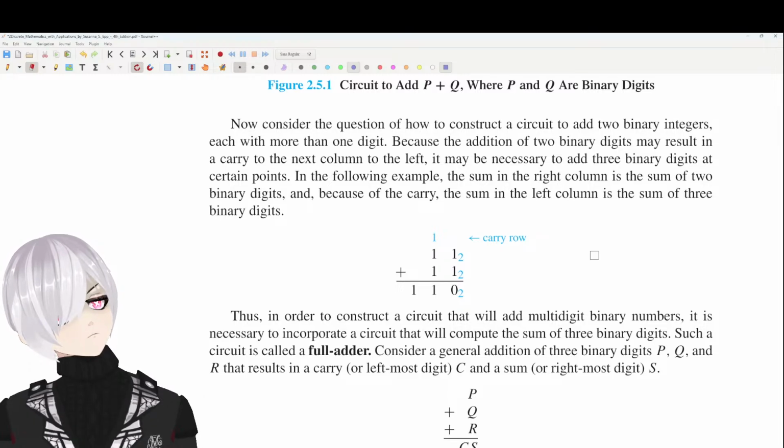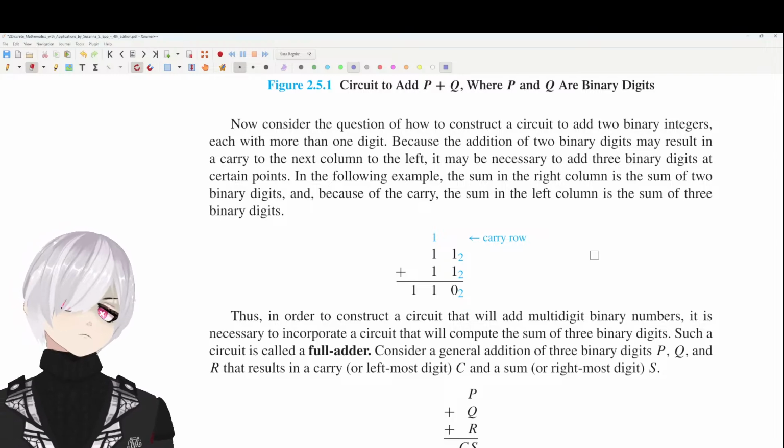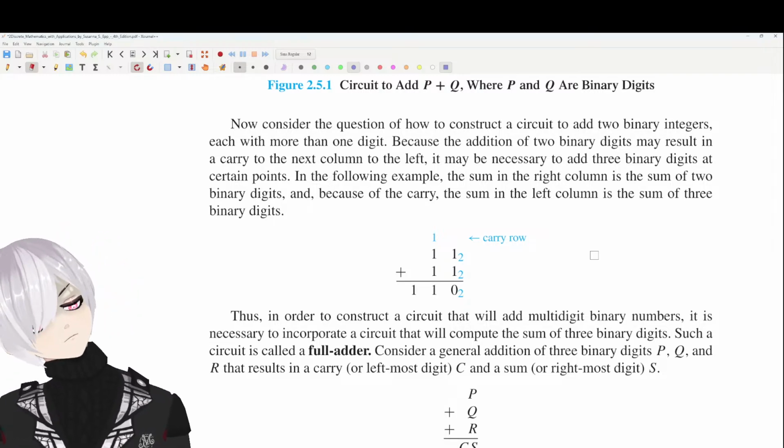So if we're going to come up with a mechanism for adding multi-digit binary numbers, one thing we need to do is come up with a way of adding three binary digits, because that's going to come up sometimes when you're adding multi-digit binary numbers, like it does in the leftmost column there.